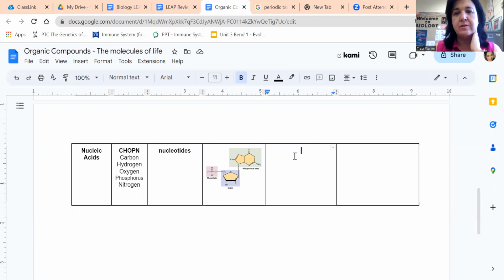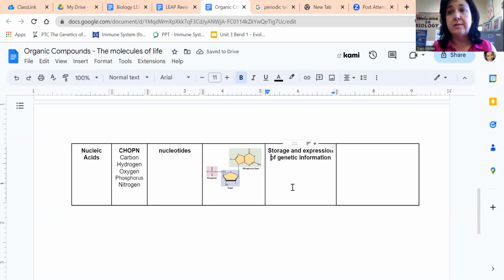And so the main function of nucleic acids is storage of genetic information, storage and expression of genetic information.